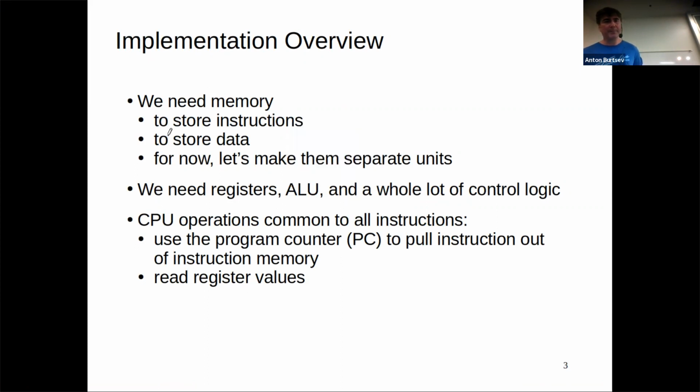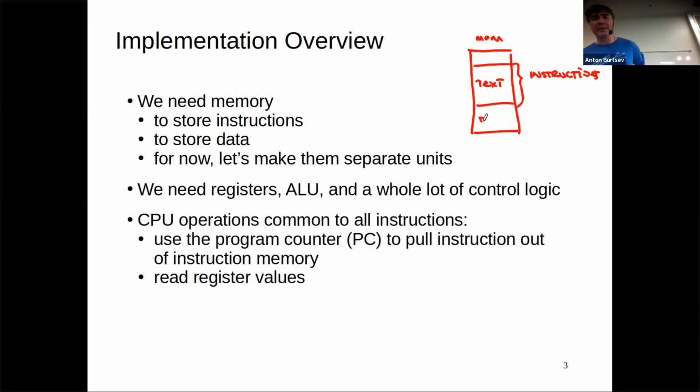Memory here will allow us to store instructions, right? And this is our program. Remember, we talked about it. It's the text of the program. There will be a data section as well, right? But everything is in memory, right?